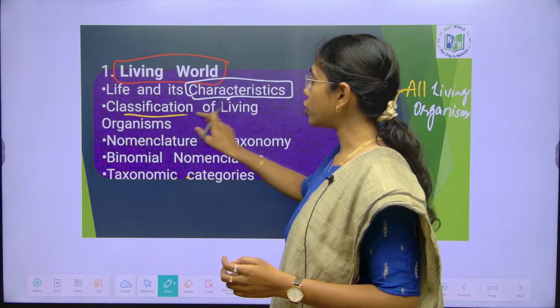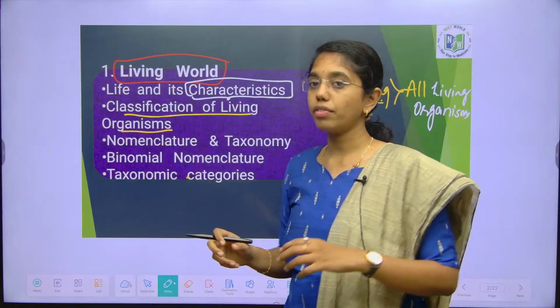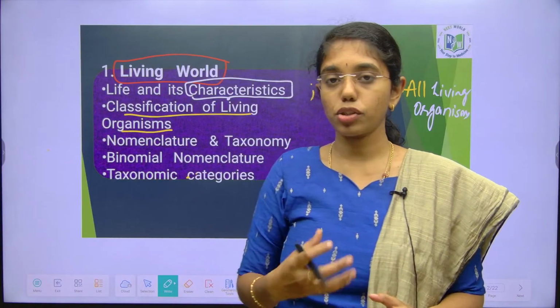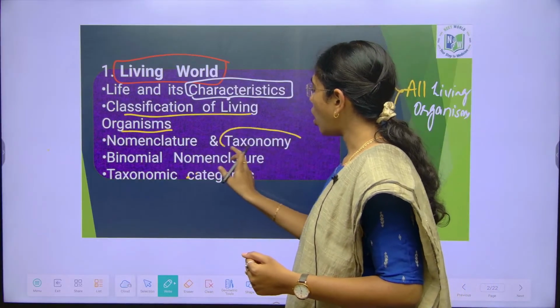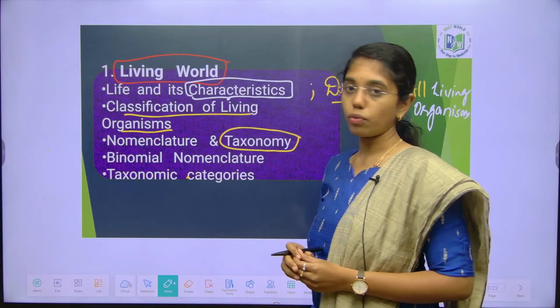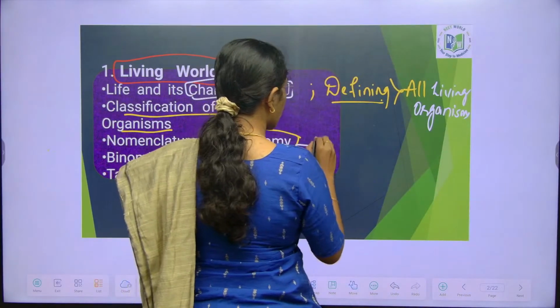And classification of living organisms, like how the living organisms are classified based on what aspects. And then we are going to learn all the components of taxonomy. What are the components of taxonomy?